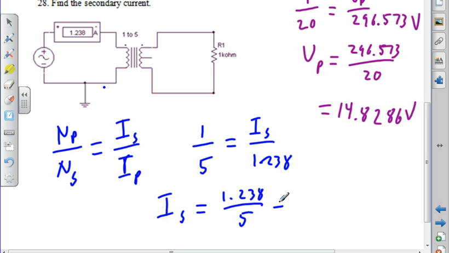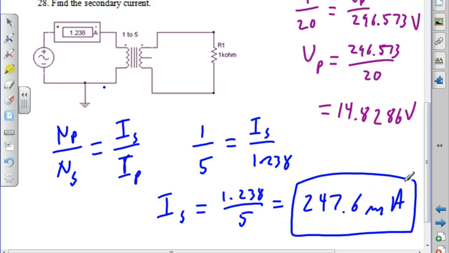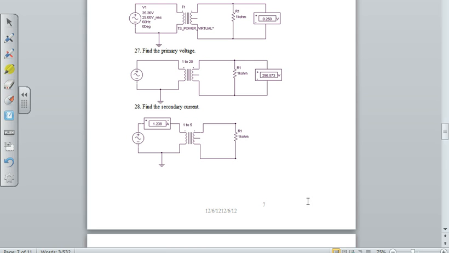Again, I would call that 4 significant digits in my answer. So I call it 247.6 milliamps would be my secondary current. Yeah, that's one way to look at it.